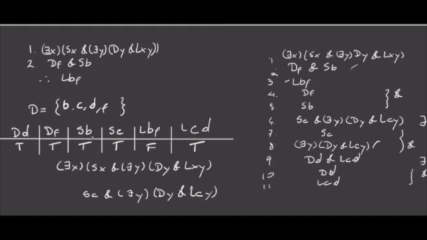So let's see if this is indeed a counterexample. Let's begin with premise 2. So DF is true and SB is true, so this comes out true. LBF is false. We are directly told that this is false. So is the first premise true?